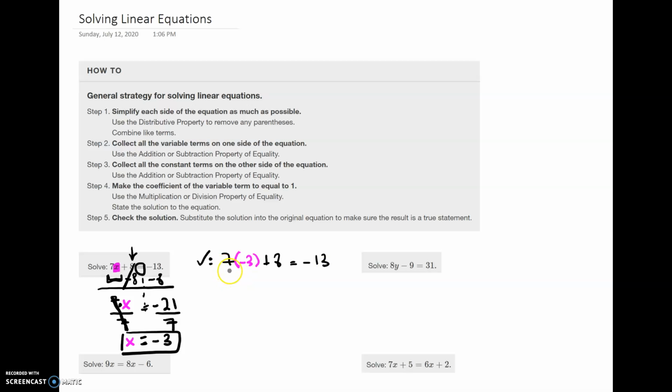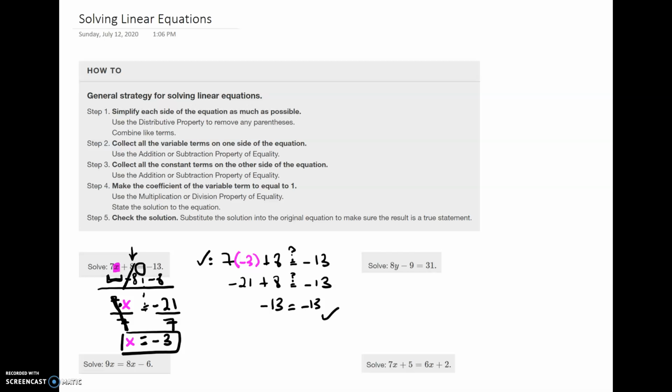So let's go ahead and do order of operations. 7 times negative 3 is negative 21, and we have to add 8, and I'm going to put a question mark here because we don't know if that actually is indeed equal to negative 13. Negative 21 plus 8 is actually negative 13. So that is correct. We did do this problem correctly.